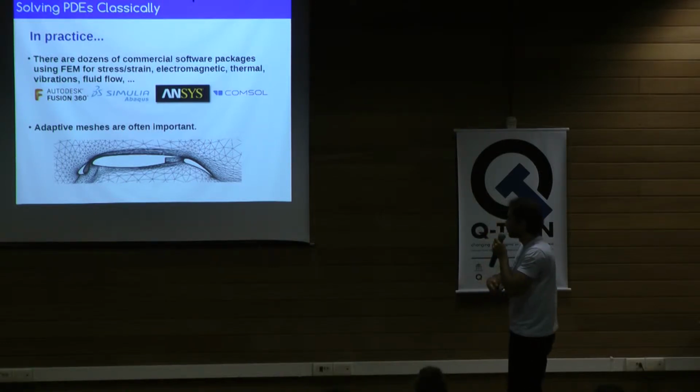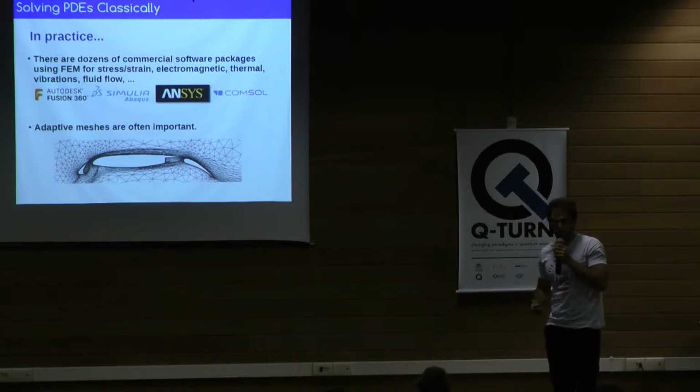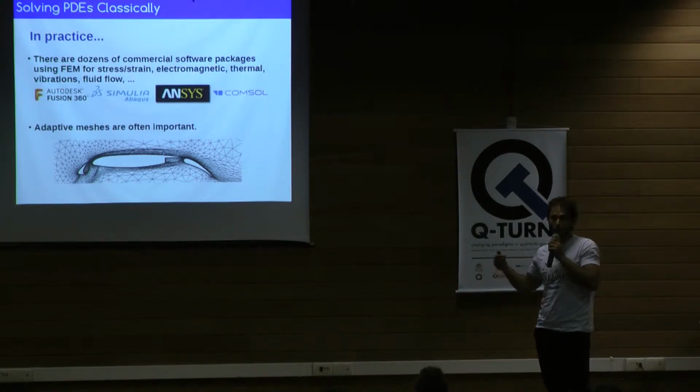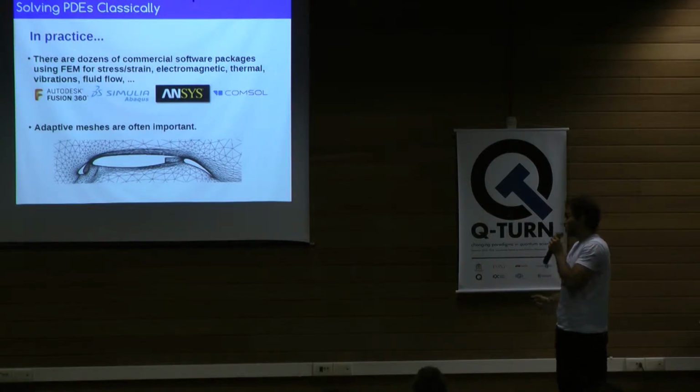I talked quickly and superficially about these methods, but if you have some problem to solve, there are three things that you should certify after the discretization: the consistency of your method, the stability of your method, and the convergence.